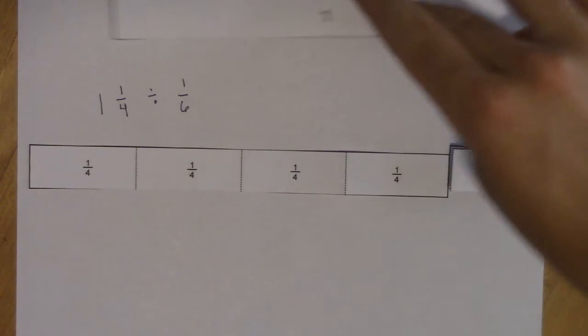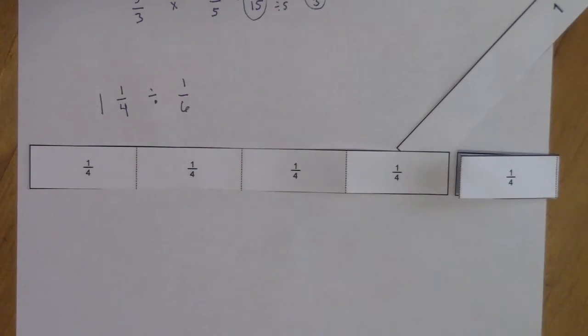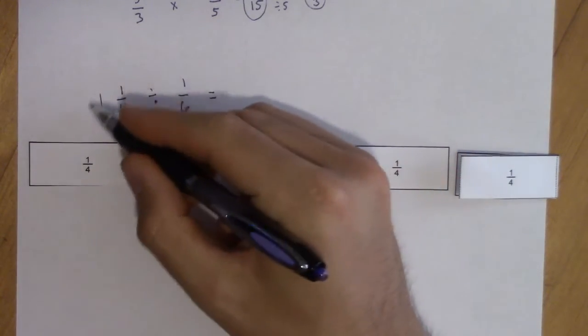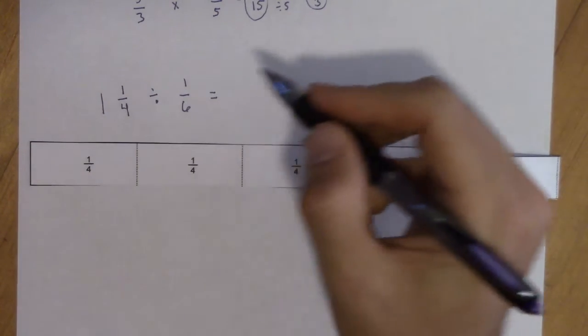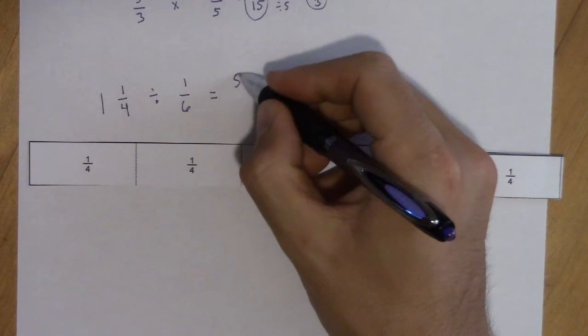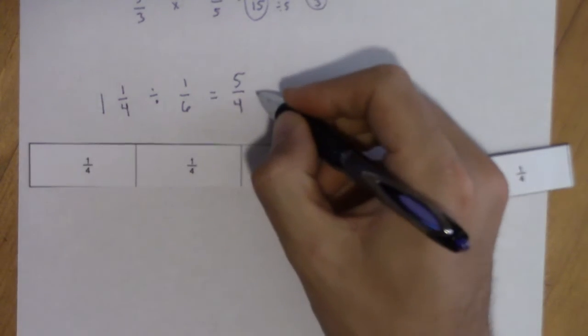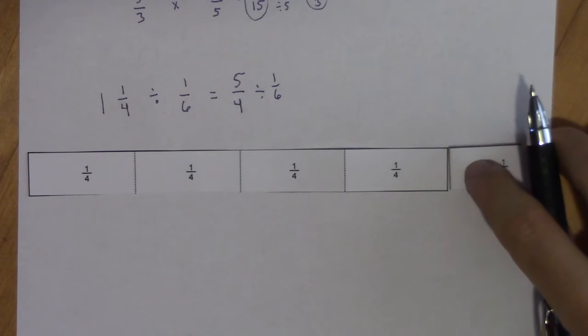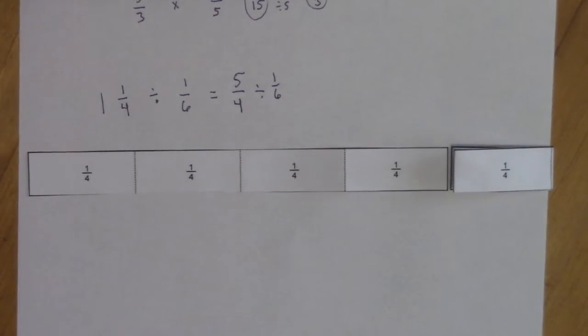That means that 1 and 1/4 is the same as 5 over 4. Hopefully that's a pretty easy switch. We're just replacing equivalents of 1.